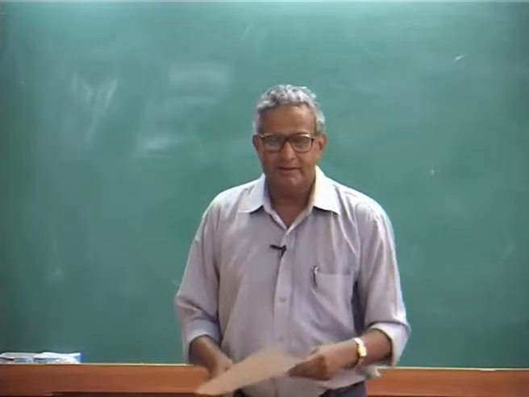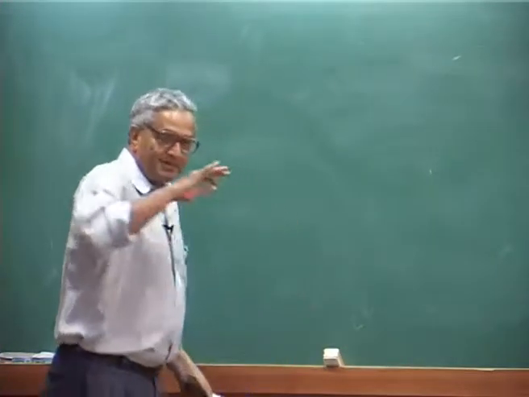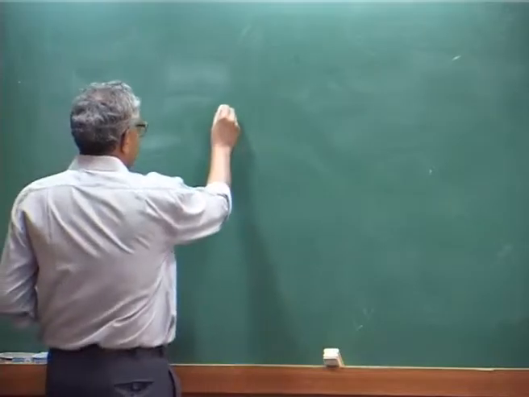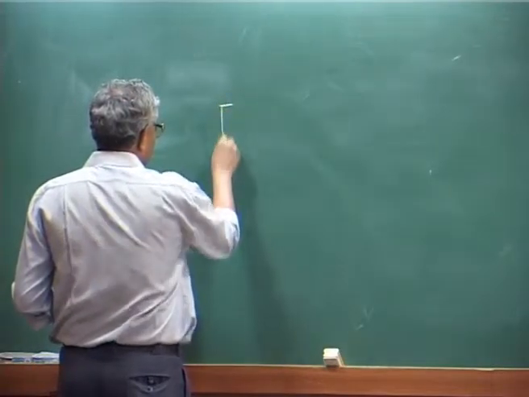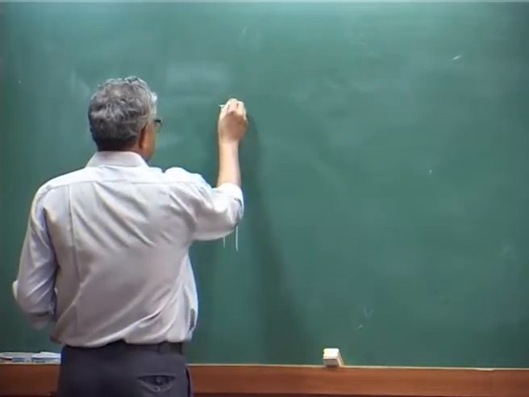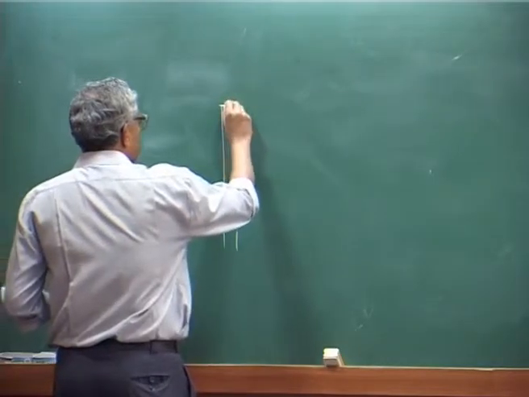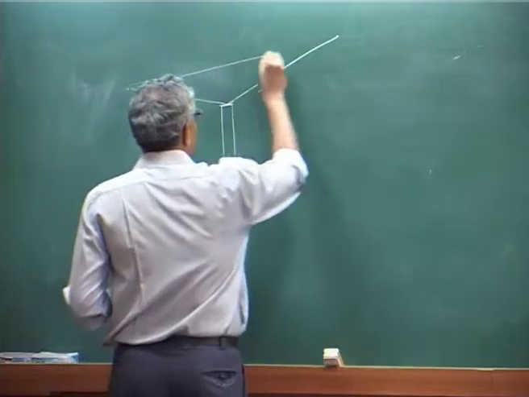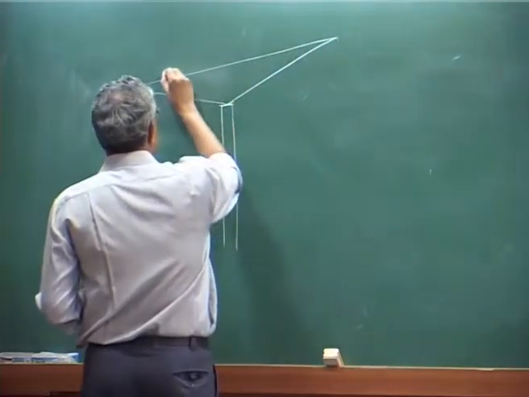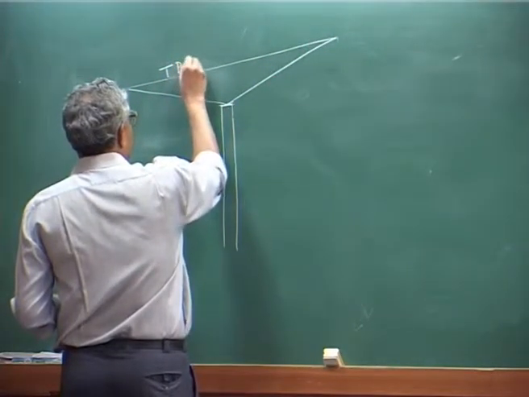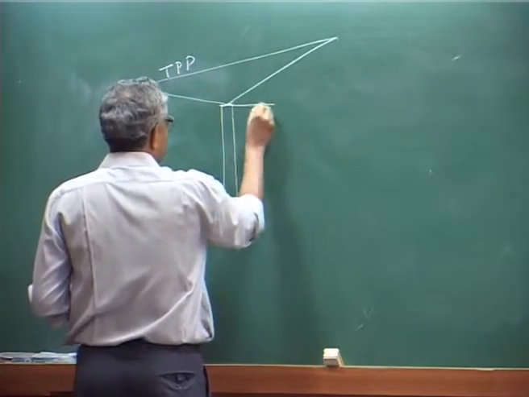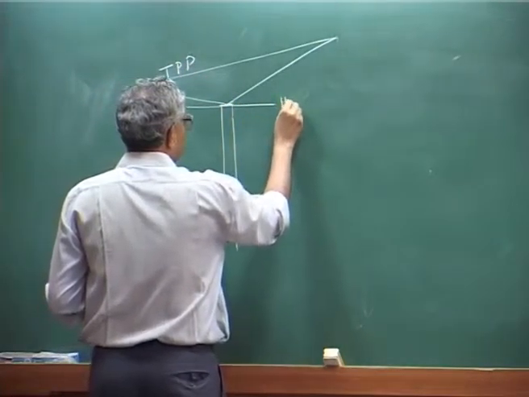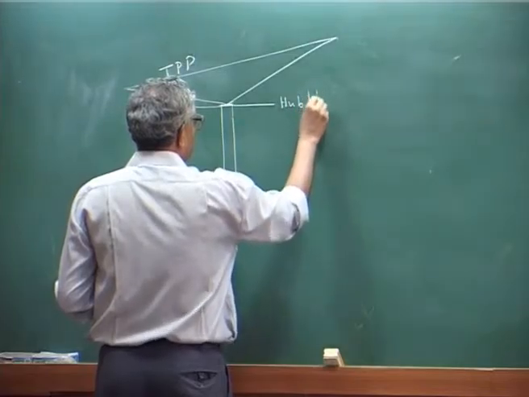Okay. Now, let us look at some different planes, because we defined them earlier. Suppose you put that this is the shaft, and this is the tip path plane, this is my hub plane.